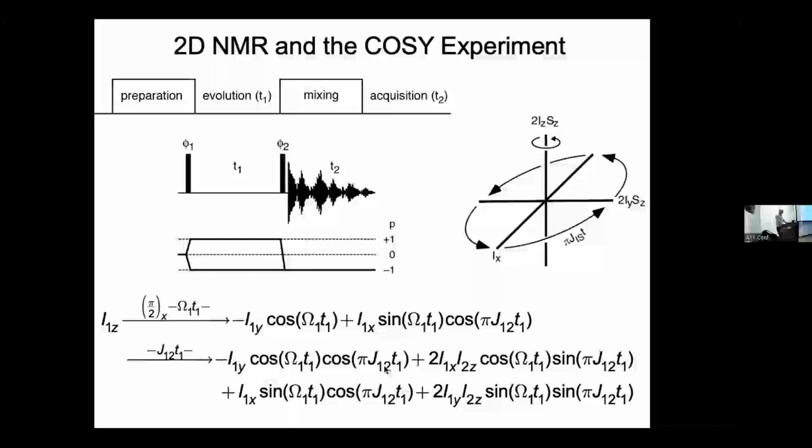So here are the four terms we end up with. And since most experiments start with some Z magnetization followed by a time delay, this kind of pattern is something you'll see all the time.